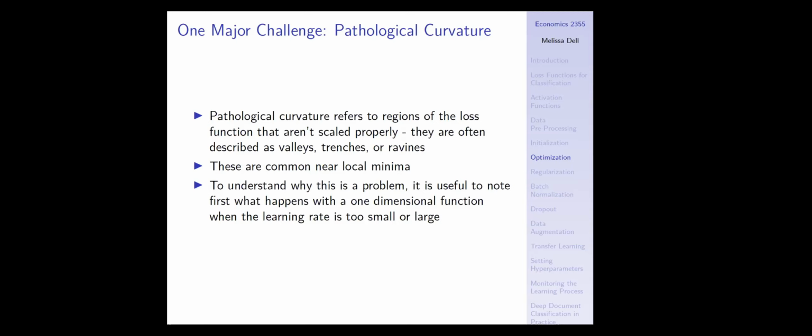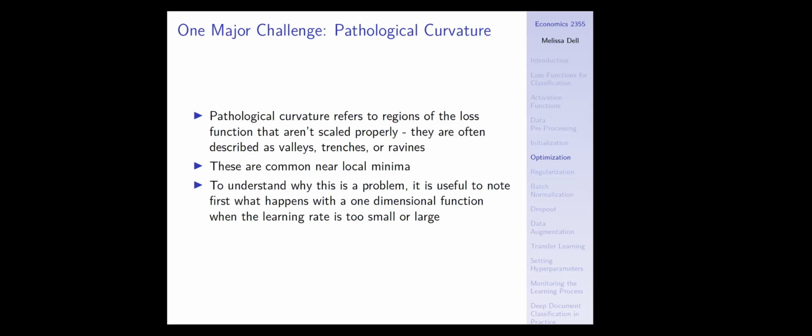These pathological curvatures might look like a ravine where it's very, very steep in one direction and only very slightly sloped in the other direction. And in neural networks, these ravines are very common near local minima.